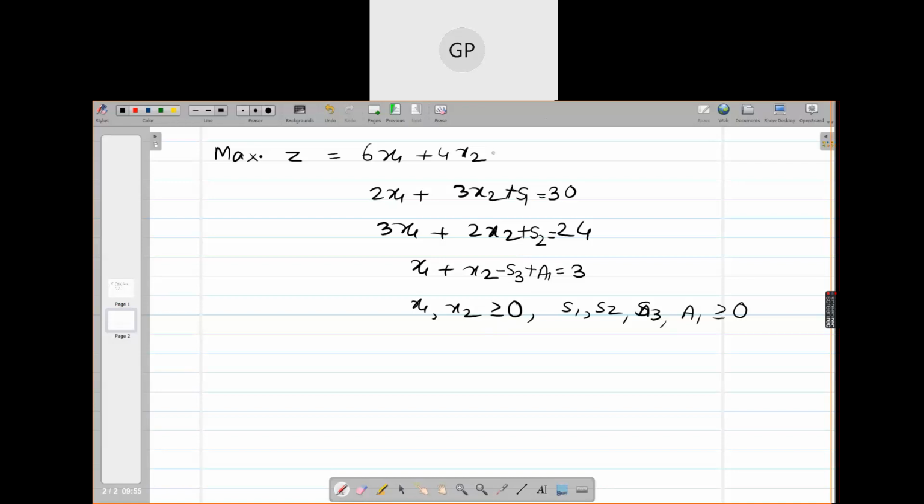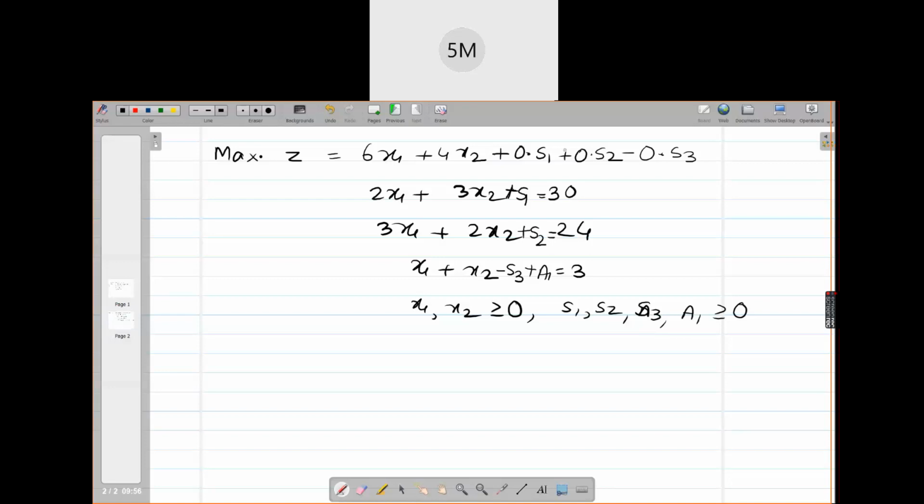What happens in the objective function? Plus 0 S1 plus 0 S2 plus 0 S3 plus or minus M. What is the coefficient of A1? Sakshi Jagtap, can you tell me? Sakshi Jagtap, are you there?